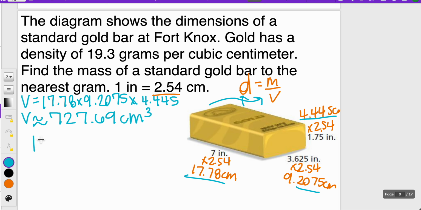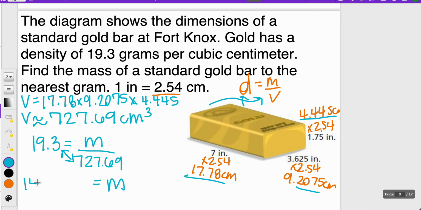My density is 19.3. I don't know my mass, but I do know my volume is 727.69, which means I'm just multiplying my density and my volume to find my mass. So the mass is approximately 14,044 grams.